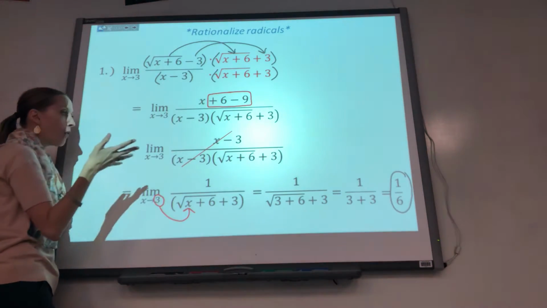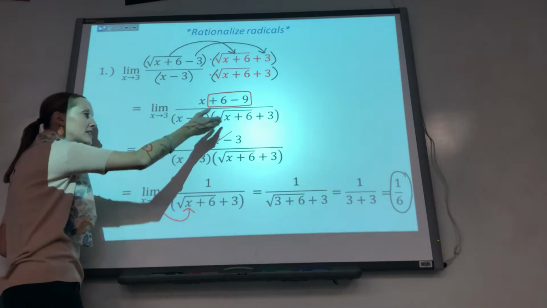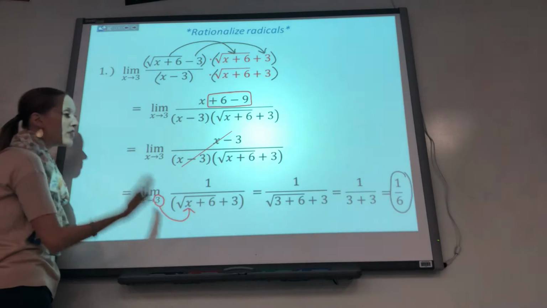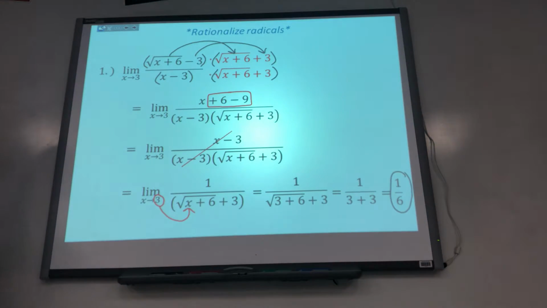And you should always have something simplify or cross out like we did. And then at that point, you can go back and plug in the x. It's complicated at first, but it's kind of nice because, like I said, they all pretty much work the same way. A lot of those steps are the same. Any questions on that one? Good stuff there. Rationalizing radicals.